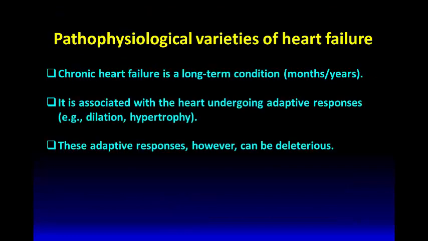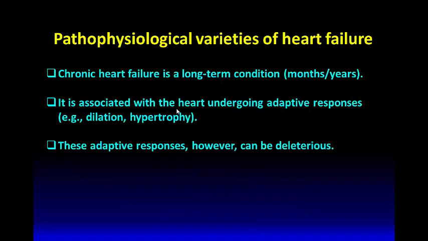Chronic heart failure is a long-term condition which develops over months to years, and it is associated with the heart undergoing adaptive responses in the form of hypertrophy or dilatation. These adaptive responses can, however, be deleterious, as we will see in the subsequent slides.